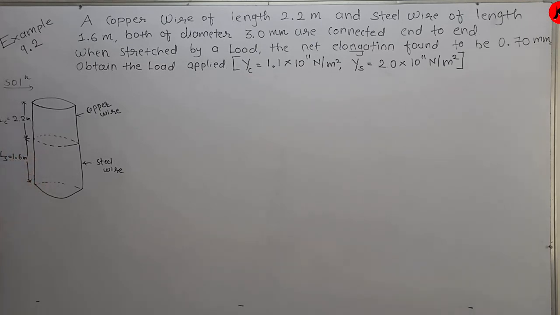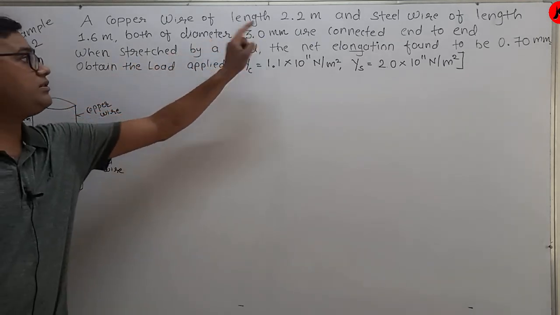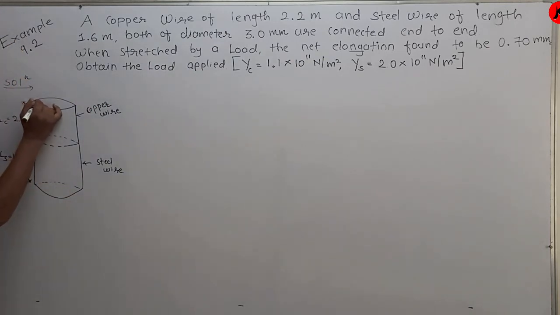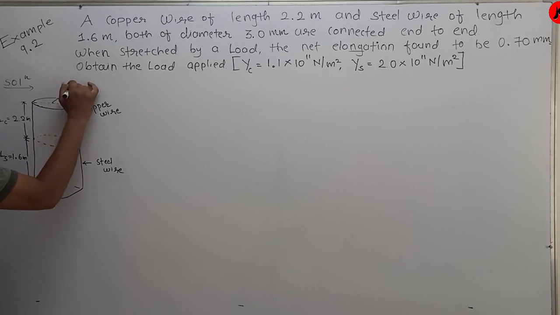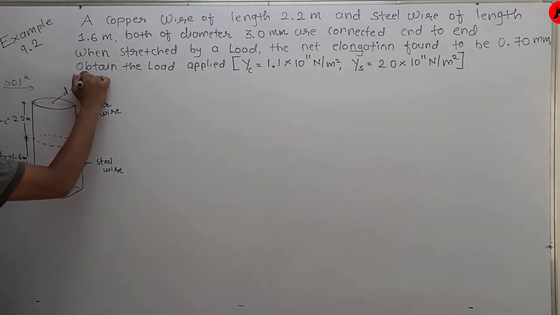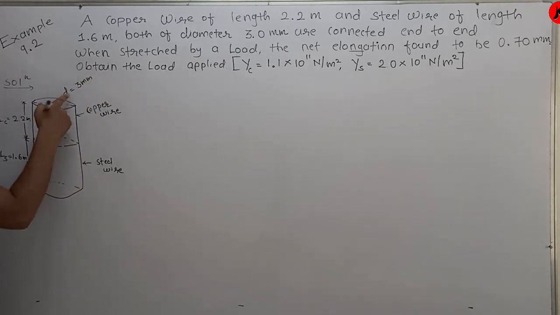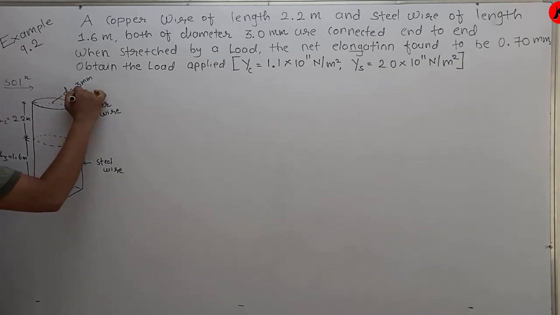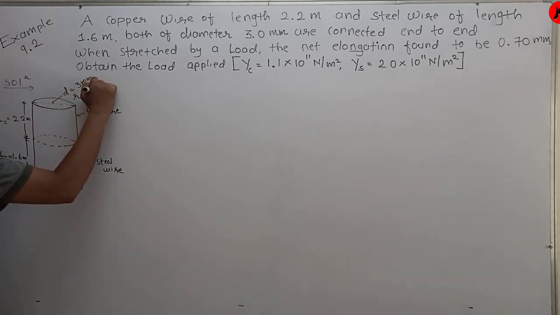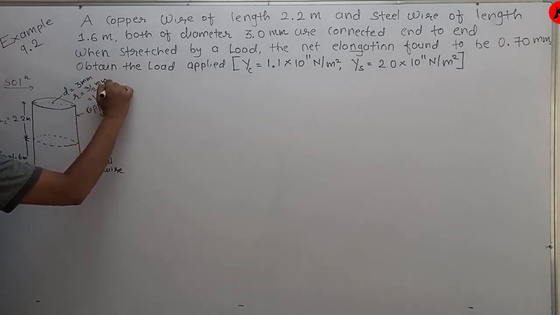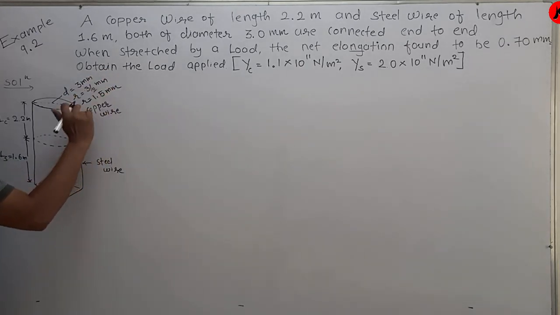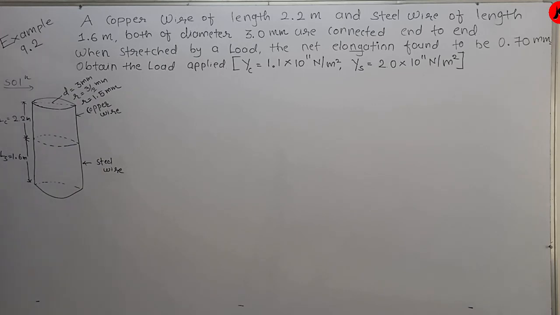It is given, and both have the diameter 3 mm. The value of diameter D is given as 3 mm, and if the diameter is 3 mm, then the radius becomes 3 by 2 mm, equal to 1.5 mm. The value of R is 1.5 mm.